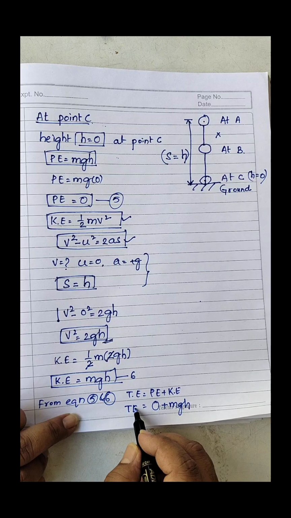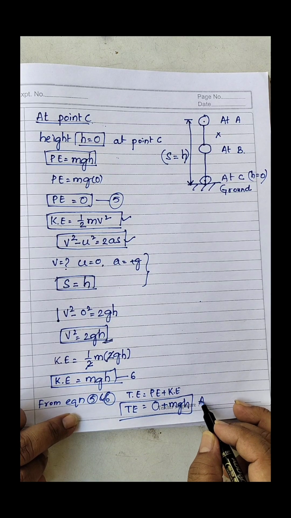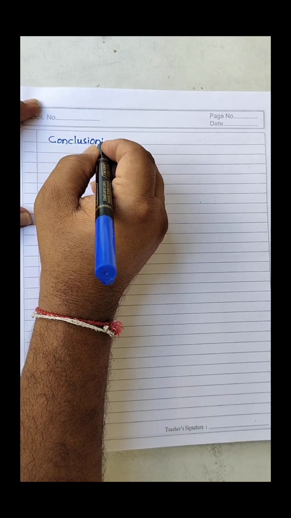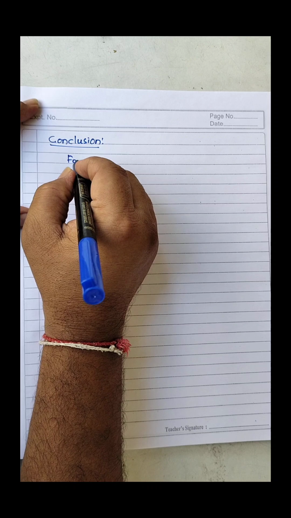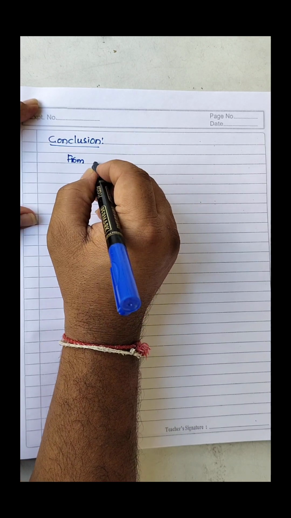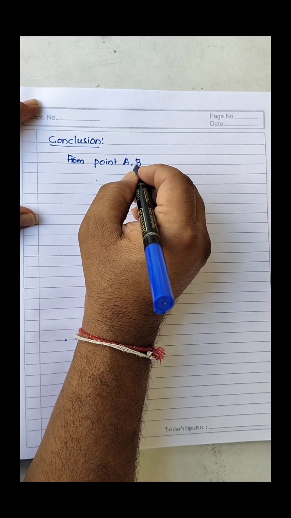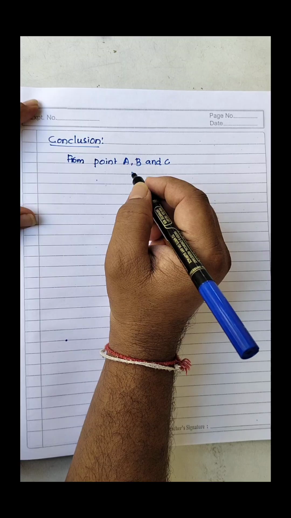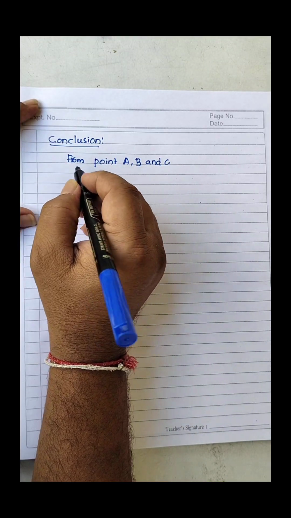So total energy is equal to mgh at point C. So what is the conclusion here? From points A, B and C, it is clear the total energy is always constant.